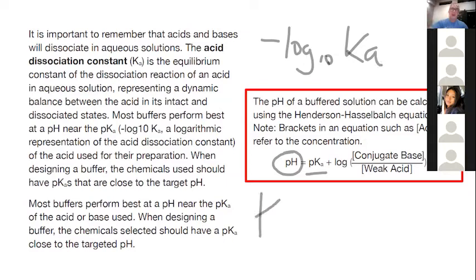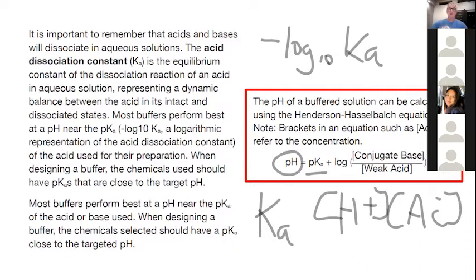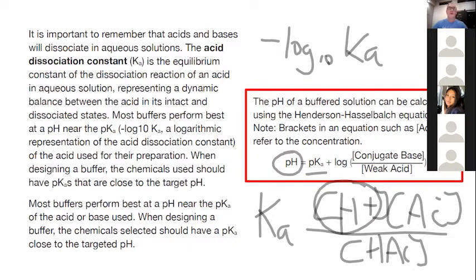And the Ka is the equilibrium constant, which tells us the concentration of the products of the dissociation, which is H plus and acetate, divided by the reactant, which is the acetic acid at the beginning. So Ka is low for a weak acid because it doesn't make very much H plus and acetate ion. It dissociates very little.